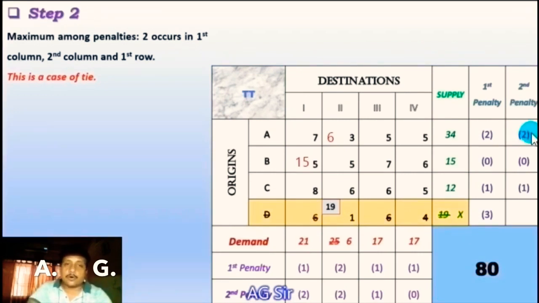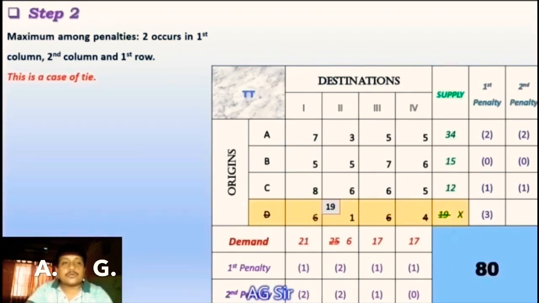In the first row, with the same penalty 2, the minimum cost cell is 3. We have already noted that at 3, we can allocate at most 6 units. So, in which cell you can allocate the maximum amount? You find that you can allocate maximum amount at this cell along the first column with minimum cost 5.